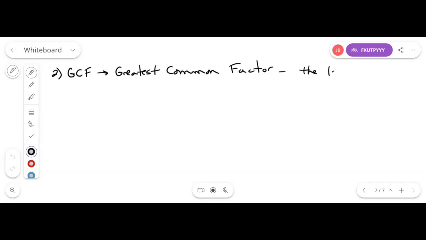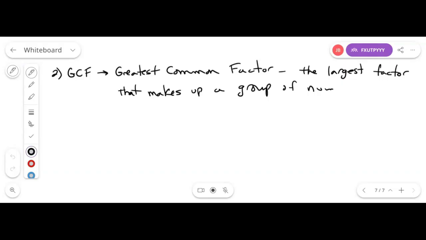And the greatest common factor is the largest, that's why it's called greatest, factor that makes up a group of numbers.